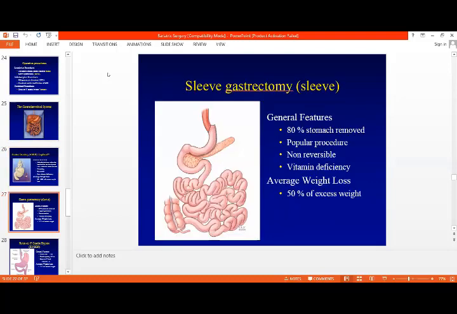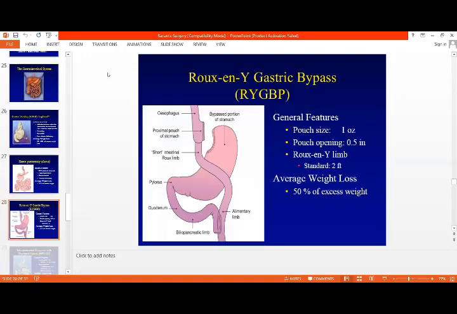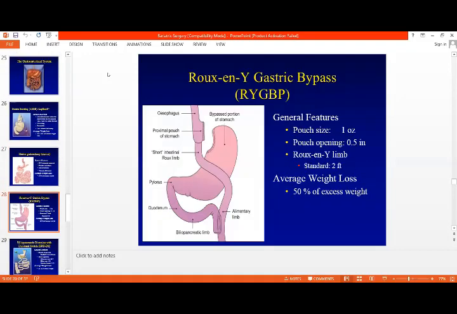Now we come to the next procedure. This is bypass. So these three are the common procedures: band, sleeve, and bypass. In this, if you see, it is a little complicated.